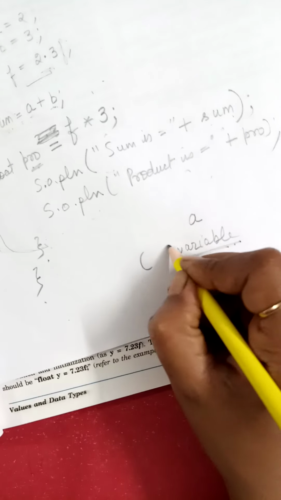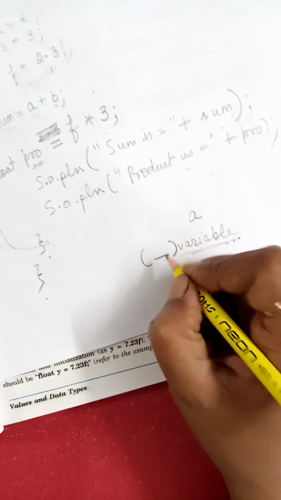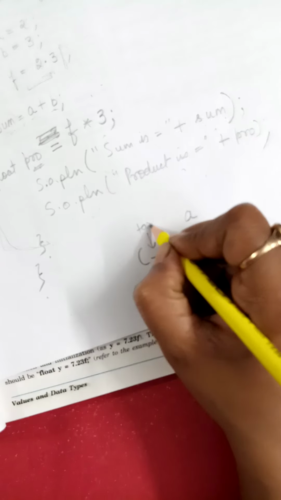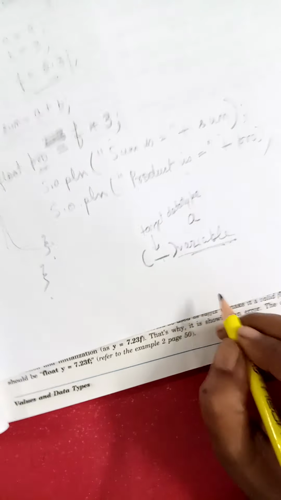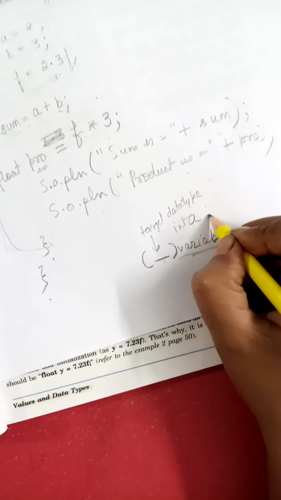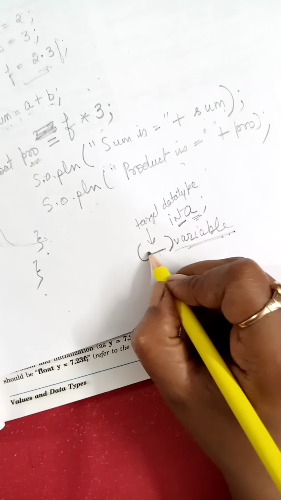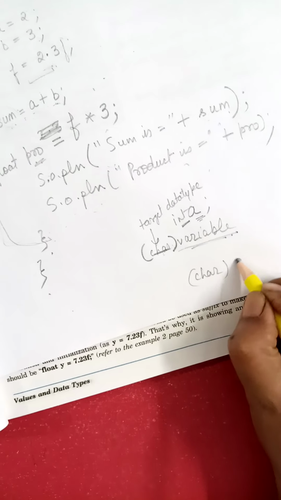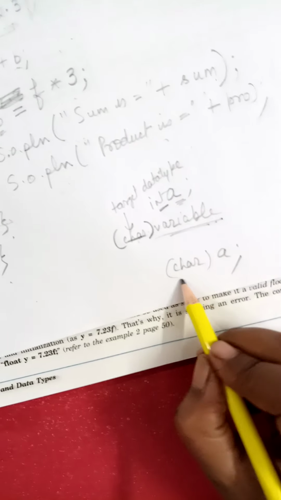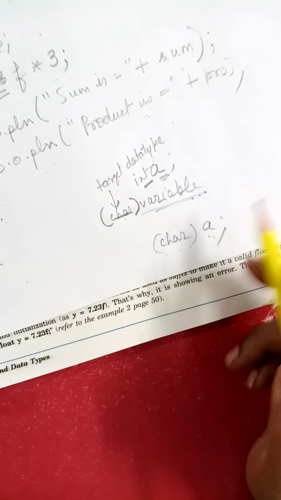Before that, within brackets you give the target data type. Suppose you have int a and you have to convert a from integer to char. So you write char in brackets before a. This will convert a from integer to char.